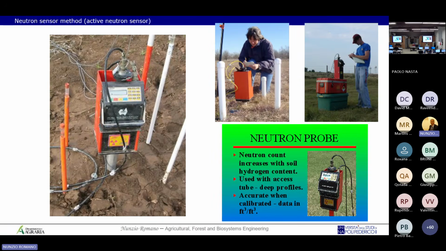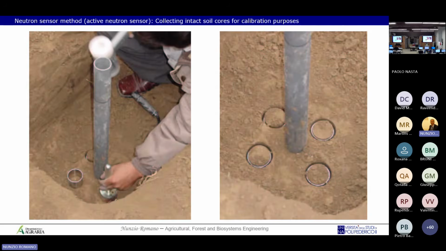When I was in the US, I always had a detector just to see the amount of radiation that I got. Anyhow, of course, even this method requires a calibration, and again, the only thing is to collect again and again undisturbed soil cores.